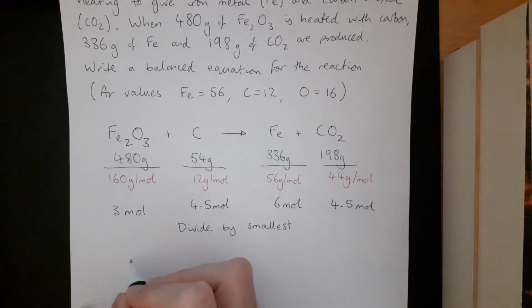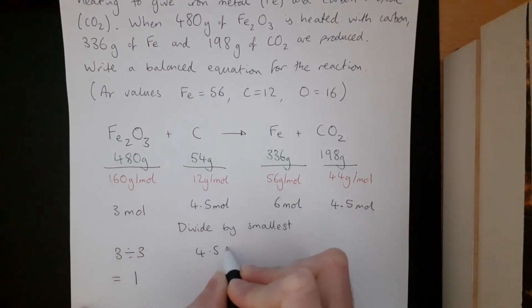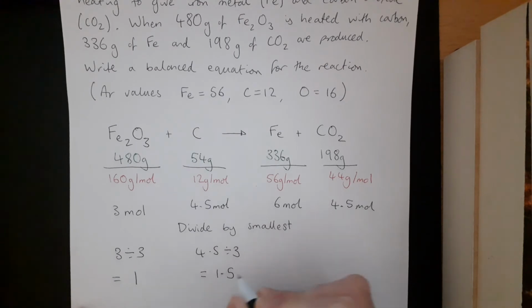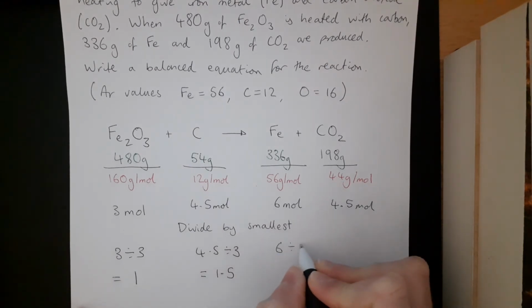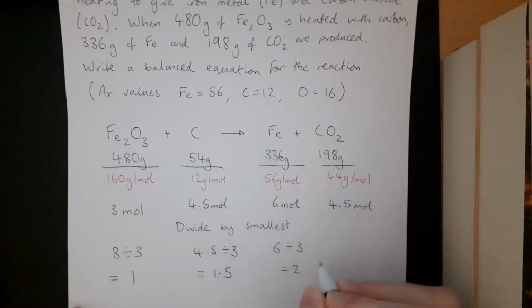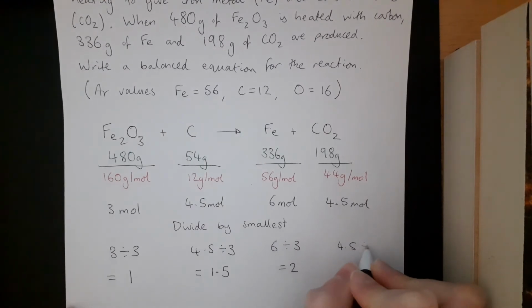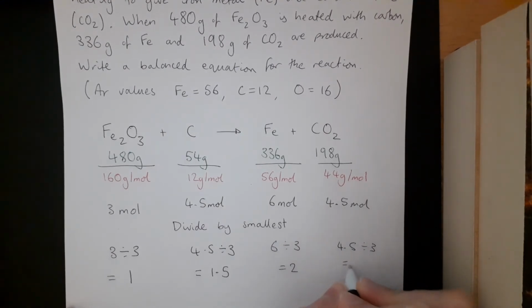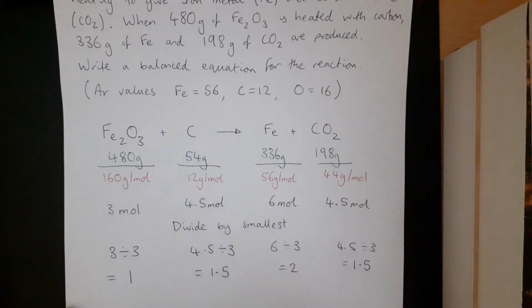So 3 divided by 3 is going to be 1. 4.5 divided by 3 is going to be 1.5. 6 divided by 3 is 2. And 4.5 divided by 3 is 1.5 again.